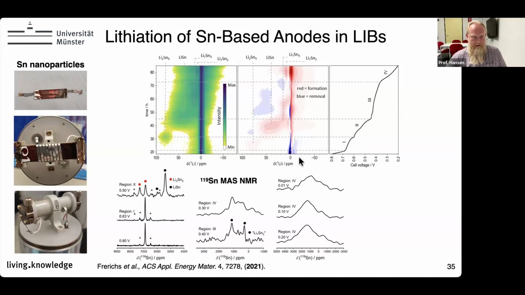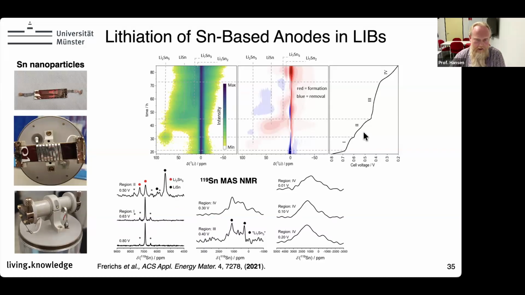And what we've done here is that we've taken different regions, so different states of charge of the battery. We've disassembled the battery, scratched off the material of the anode, and recorded this at 30 kilohertz MAS at our 500. Based on the results that I've just shown you, we can assign different phases.